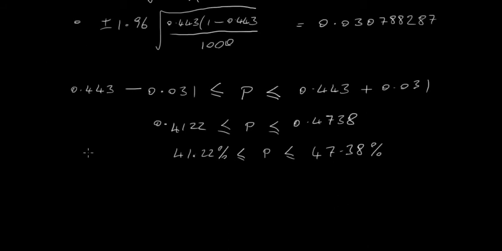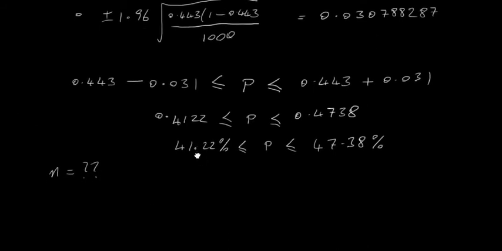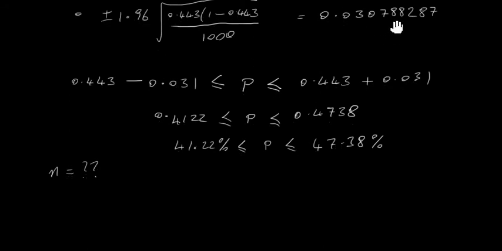So in this case we have to work out what n is, given that we are halving the margin of error. So first thing we've got to do is actually halve the margin of error. If you divide this margin of error here by 2, our margin of error in this case will have to be plus or minus 0.015394143.